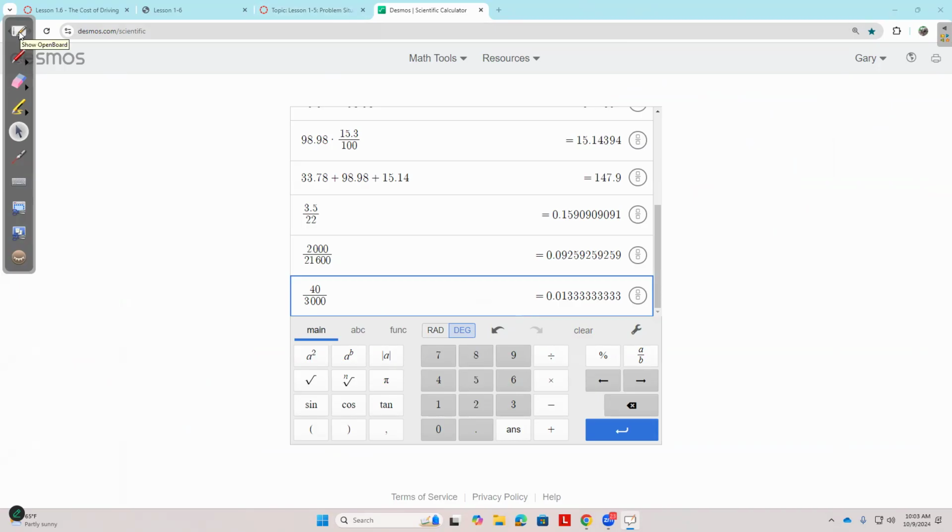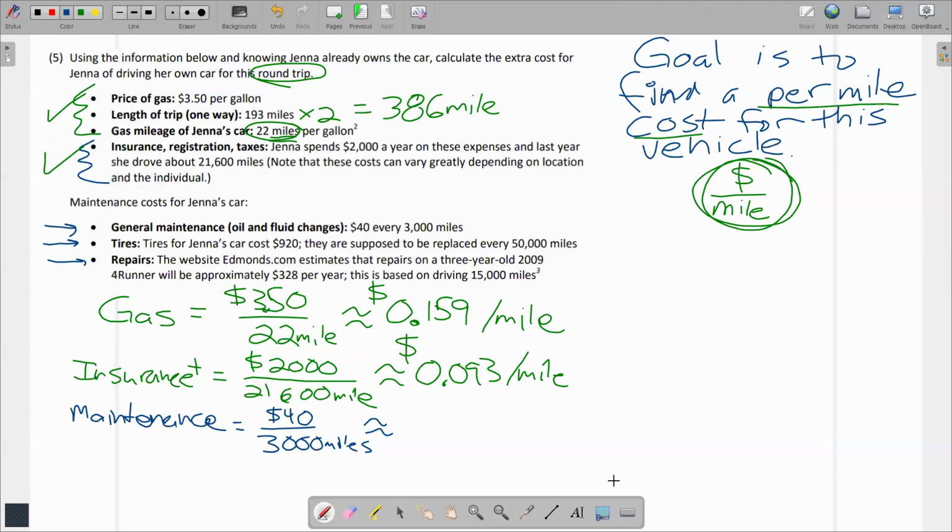And I make mistakes, so please confirm I'm not making a mistake here. You're not. Thank you, Richard. Okay, so the calculator says 0.013 per mile.